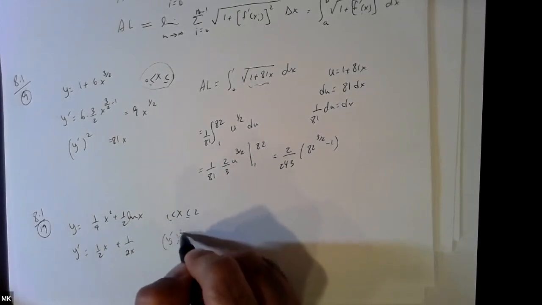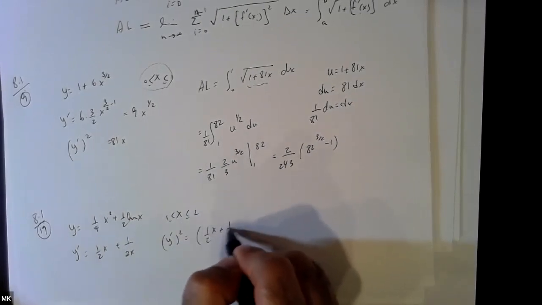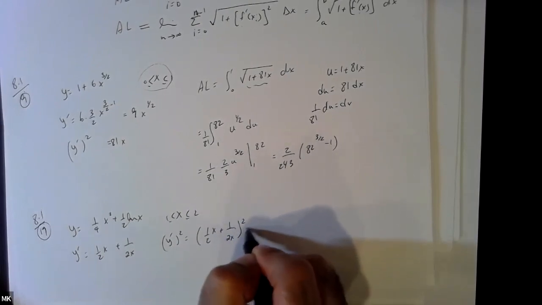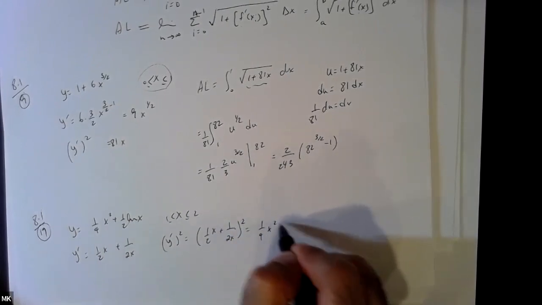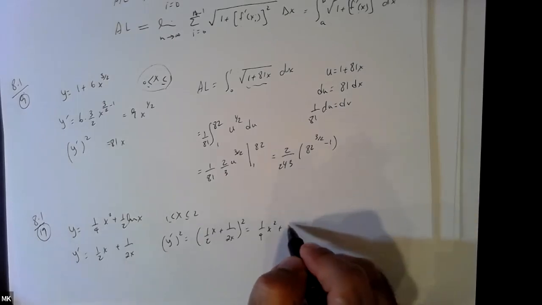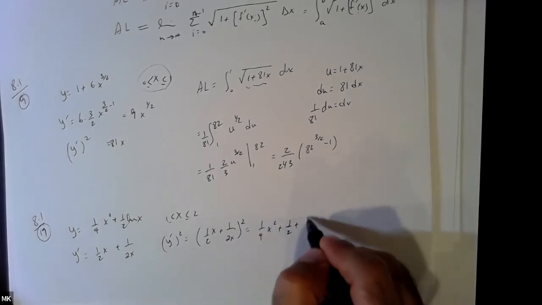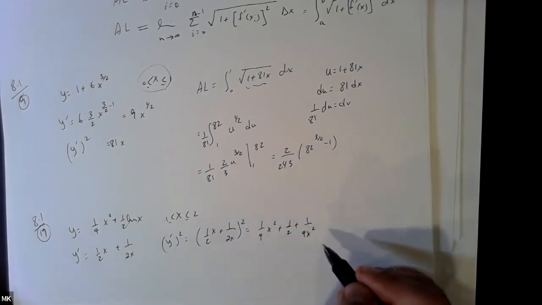Y prime squared, now this is an interesting one, is going to be 1/2 x plus 1 over 2x, squared, which is 1/4 x squared plus twice the first times the second. So it's going to be 1/2 plus 1/4 x squared.